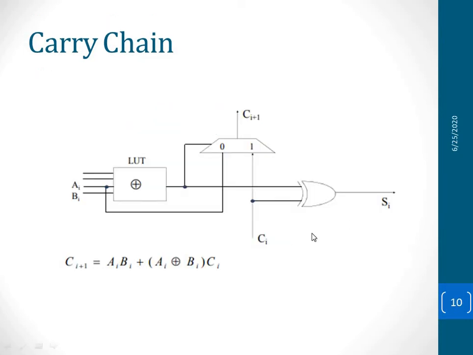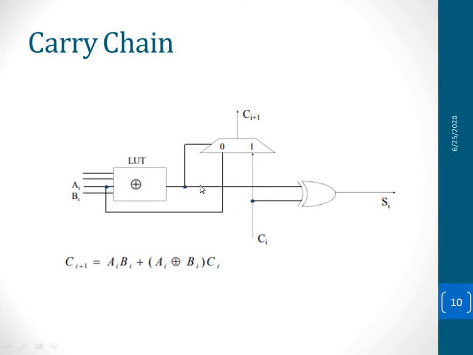So this is the carry chain. I have AI, and this AI is again connected to the CI plus 1. For AI and BI, I need to implement a lookup table at every stage, and this lookup table is implementing what? AI exclusive or BI. Getting with me? So AI exclusive or BI is done with one lookup table, and CI is already given. Since this AI exclusive or BI is repeated, I can just make it as a carry.